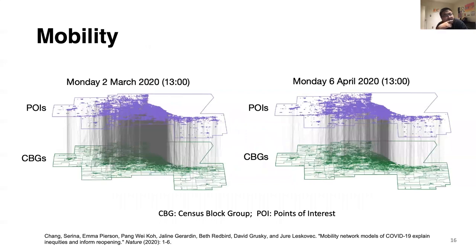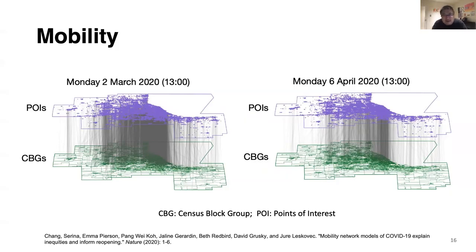Another important aspect is human mobility. Because of the various non-pharmaceutical intervention policies, a lot of people's mobility patterns and behavior changed completely. This is from a study published in Nature.